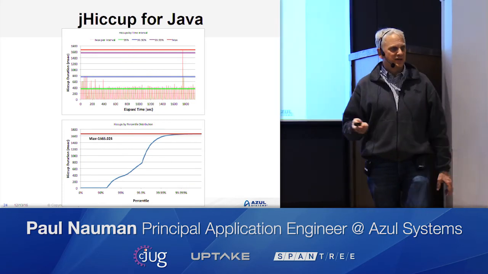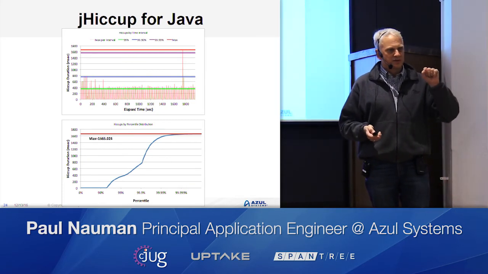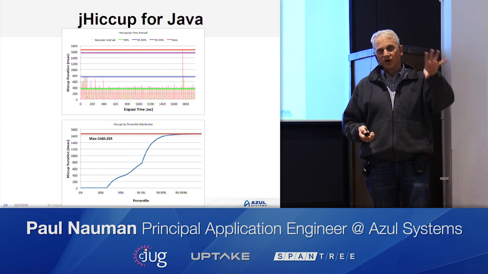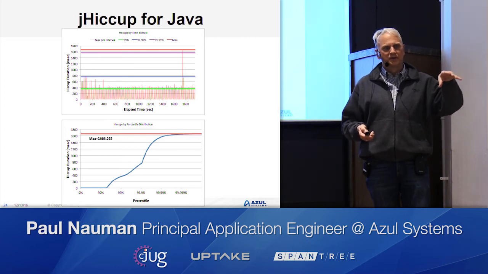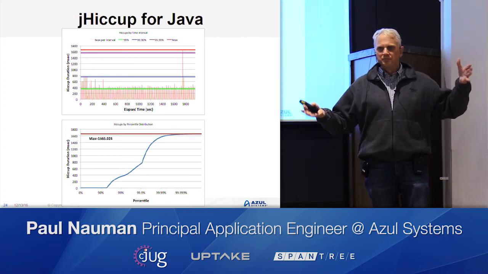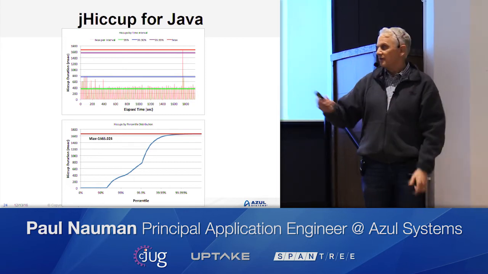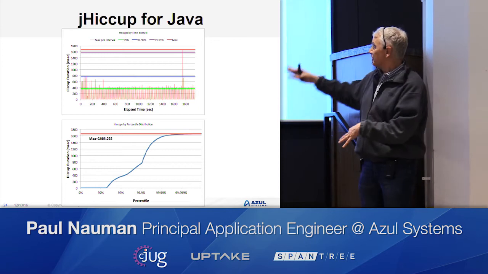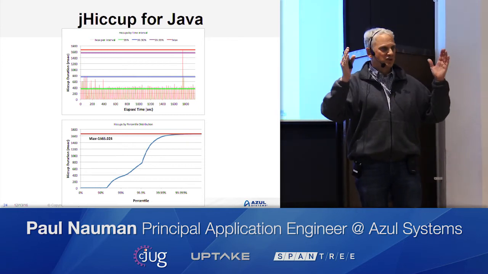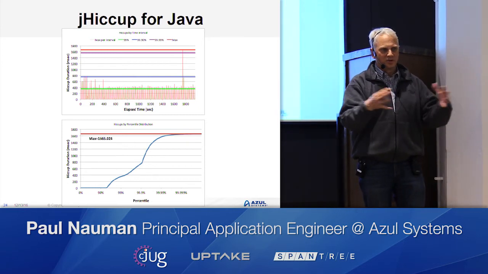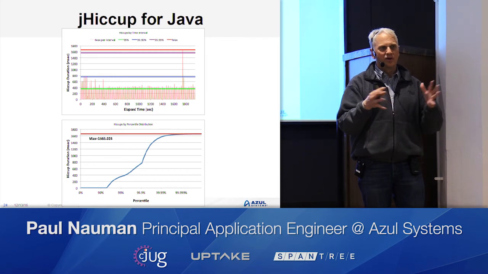jHiccup is an agent that injects right into your Java application and measures pauses in Java execution. As your JVM is executing and your application is executing as part of that, jHiccup will actually measure the number of times that the JVM completely stops, where no application work is happening at all.